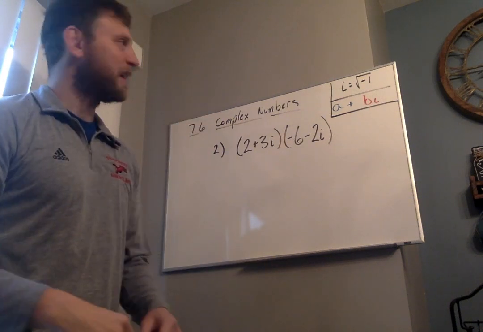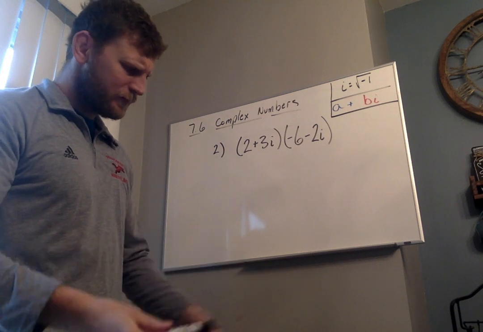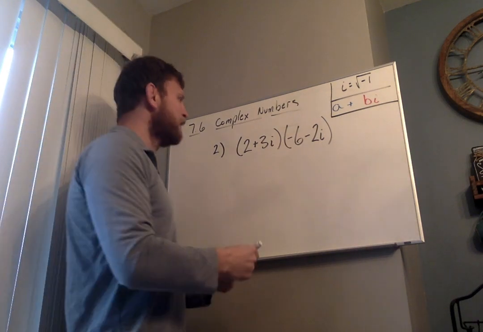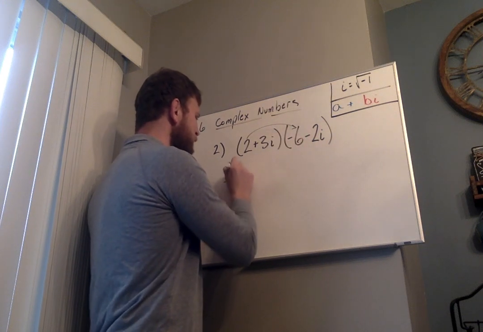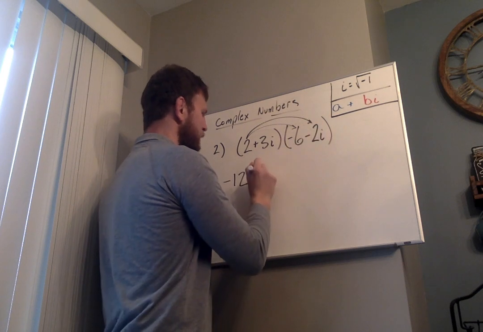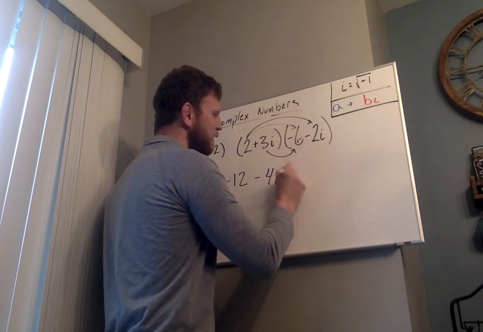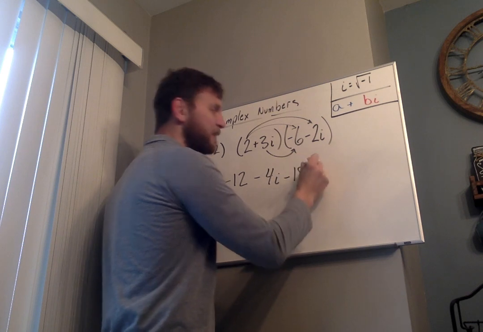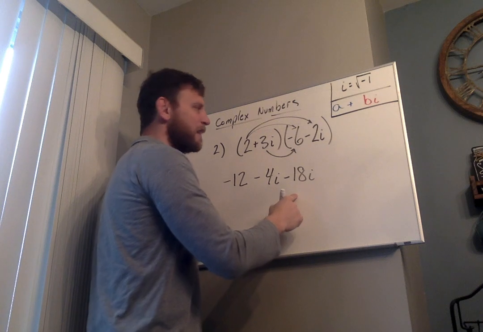Again, I'm just going to treat it like variables. So I'm going to do this times this. That's going to be -12. That times that, well, that's -4i. 3i times -6 is -18i.